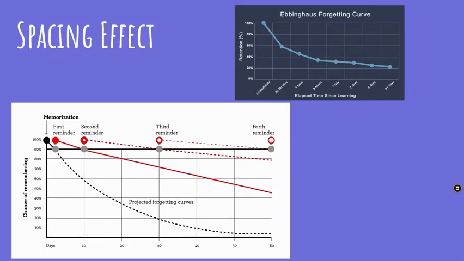Fourth time we review, much less. If we can distribute our practice and go back to that information multiple times, we can lessen that forgetting curve dramatically and increase our long-term retention of information. So studying for 10 minutes a day over 7 days is much, much better for our long-term retention than studying for 70 minutes in 1 day.